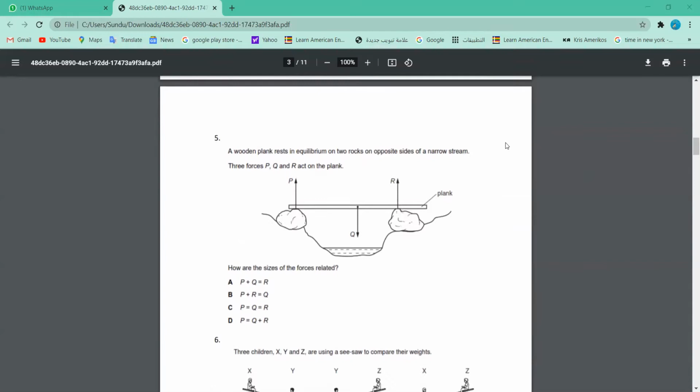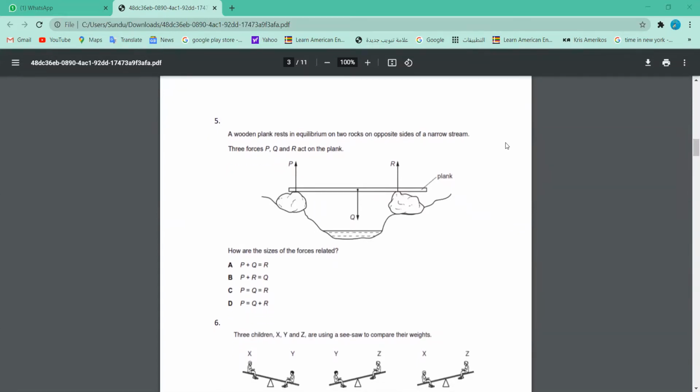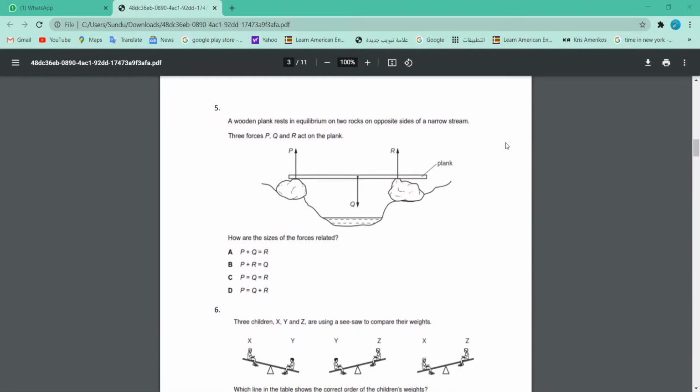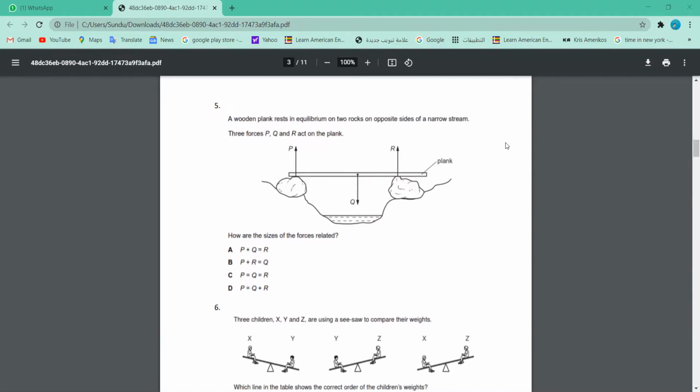Question number 5. A wooden plank rests in equilibrium on 2 rocks on opposite sides of a narrow stream. 3 forces P, Q, and R act on the plank. How are the sizes of the forces related? Easy peasy. Ma'am, P plus R is equal to Q. How?